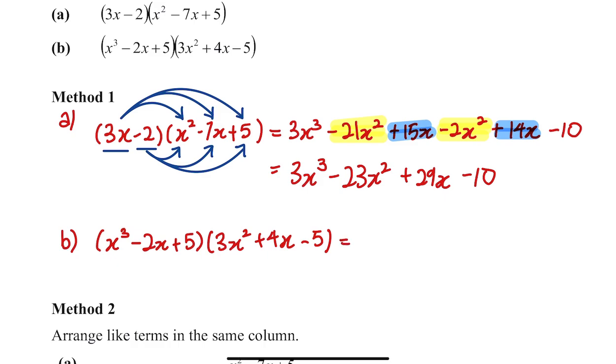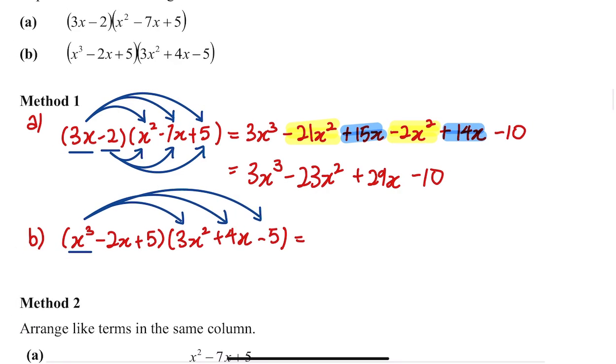X cubed, okay, times 3x squared, then x cubed times 4x, then x cubed times negative 5. Expand out, do it step by step, don't make careless mistakes. I'll get 3x power 5 plus 4x power 4 minus 5x cubed.